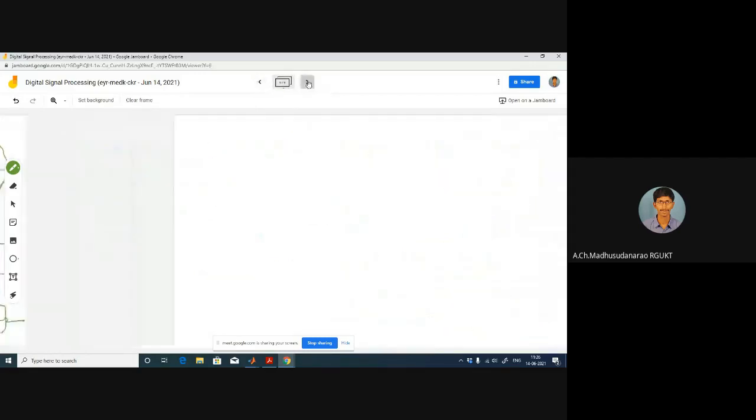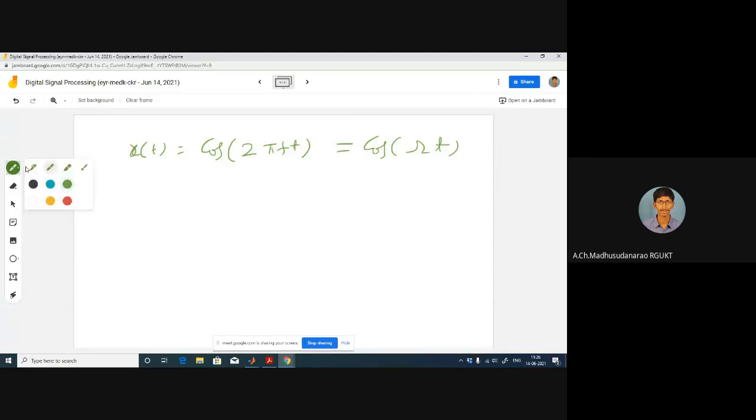Let me try to sample that signal x of t. This is a signal that we consider, cos 2 pi f t, or we can represent it by cos omega t. x of nTs: at every Ts interval, I am sampling this, where n is an integer.